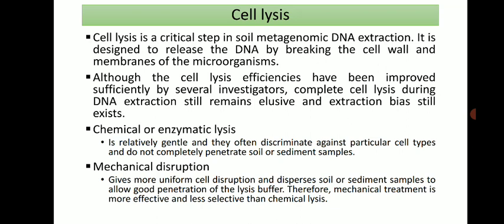So cell lysis is the main important step. It is critical in soil metagenomic DNA extraction, and it is designed to release the DNA by breaking the cell wall and membranes of microorganisms. Cell lysis generally involves breaking of cell wall as well as membrane, and it is usually carried out in two modes. First is chemical or enzymatic lysis, and second is mechanical disruption.